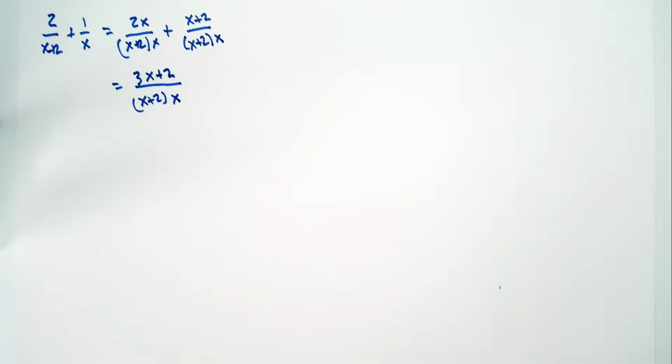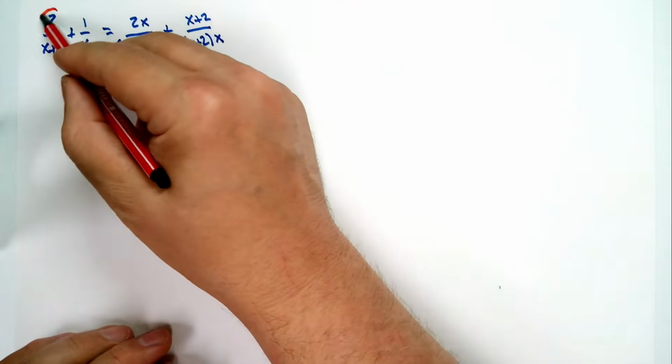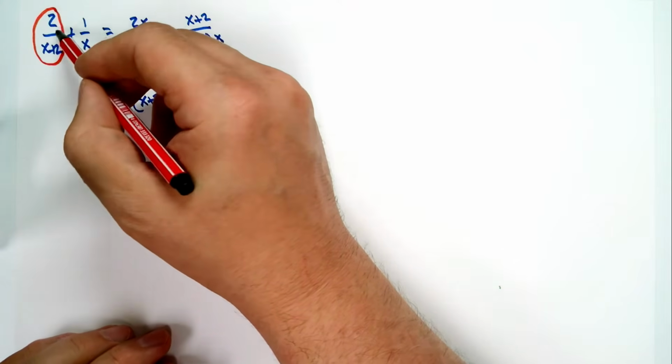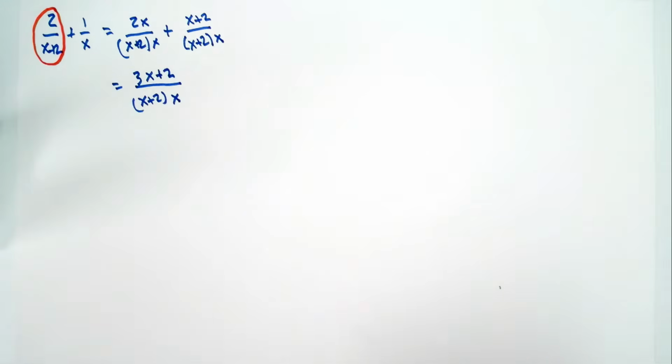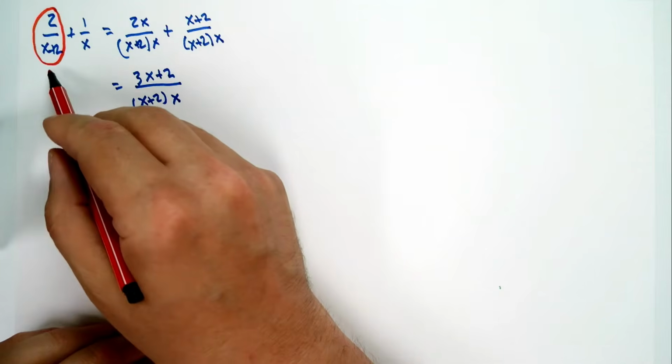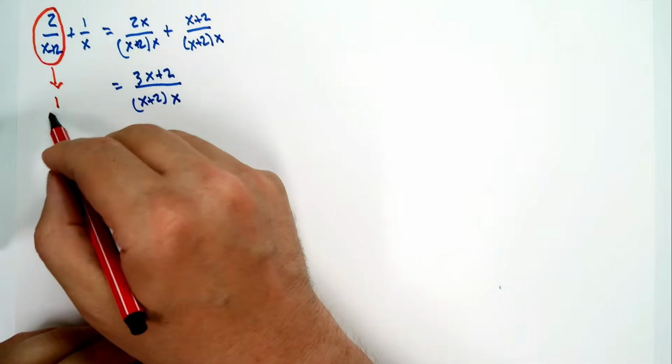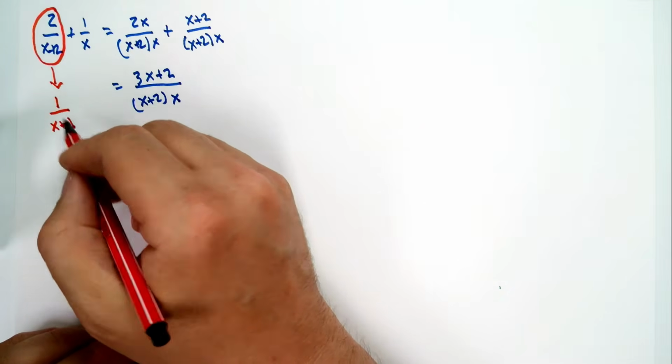Now, one other quick thing to note here. One of the mistakes that we sometimes see is if you have an expression like 2 over (x plus 2), you're like, hey look, there's 2's, I can cancel the 2's. So there's a desire to say this is the same as 1 over (x plus 1).